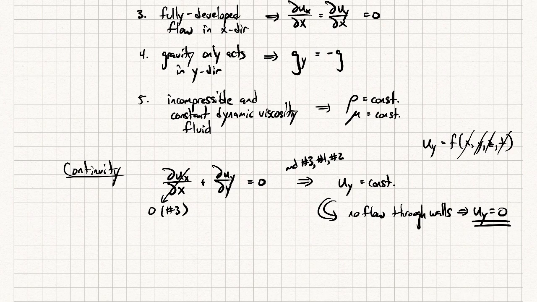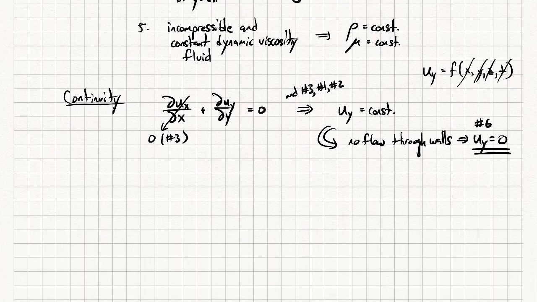I'm going to call that item number 6. It's not an assumption, but I'm just going to call it number 6 so I can refer back to it a little more easily. I guess we can call it condition number 6. It's not an assumption.